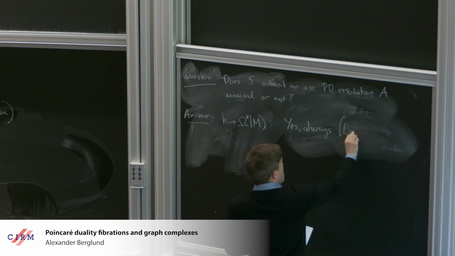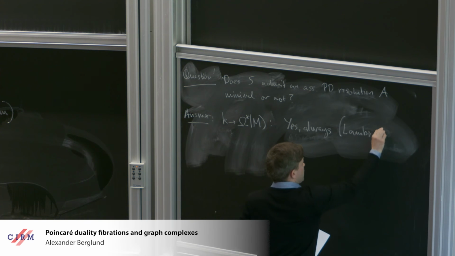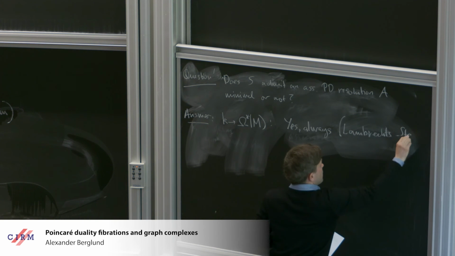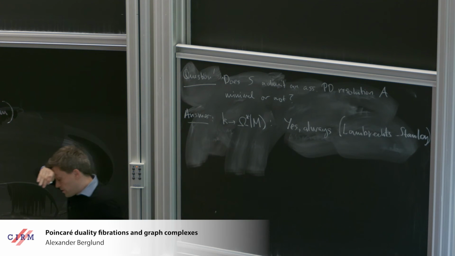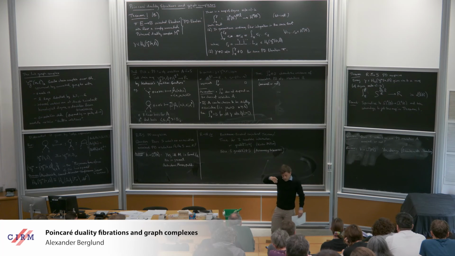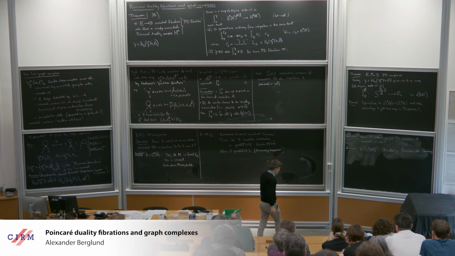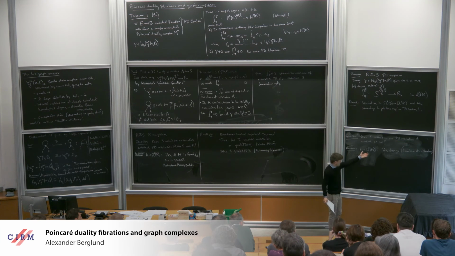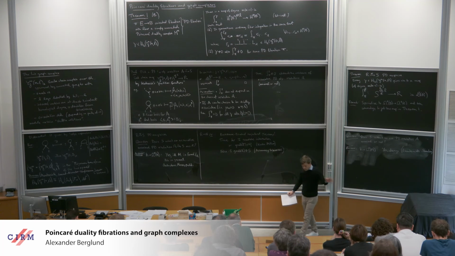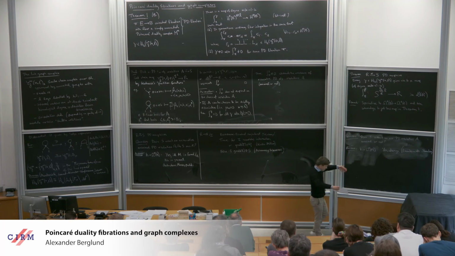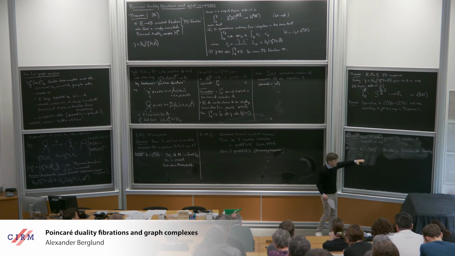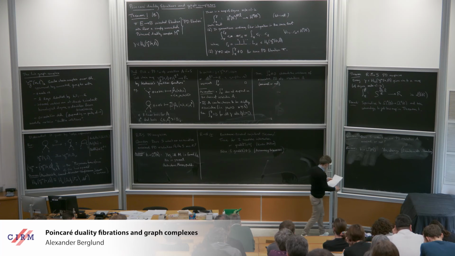This is basically the theorem of Lambrechts and Stanley that says that anytime you have a Poincaré duality space, you can find a strictly associative Poincaré duality differential graded algebra model for the cochains. Of course, if the manifold is formal, you can take the homology. But if it's not formal, you can still do it, but you will get some Poincaré duality algebra that has a differential, so it's not minimal. So you can always do it for the trivial fibration.